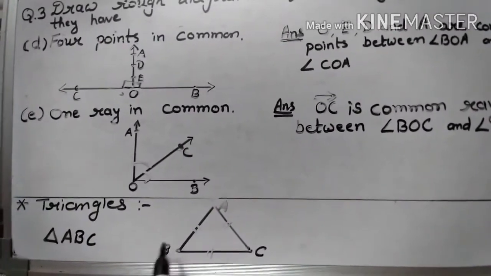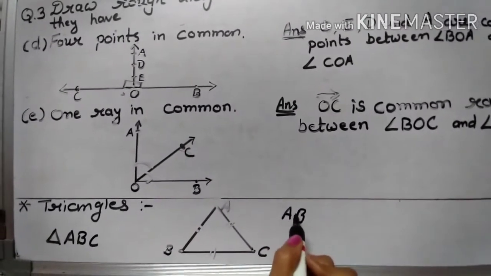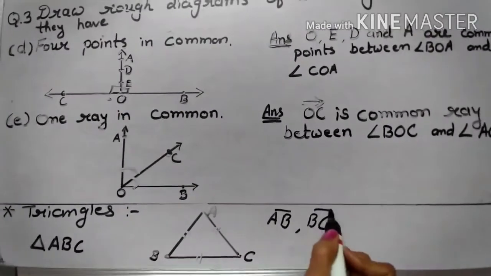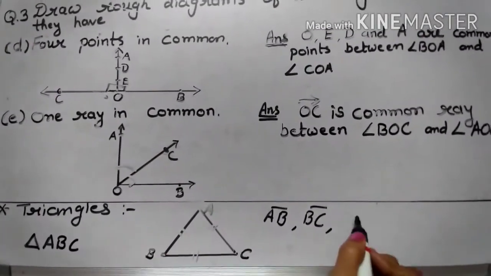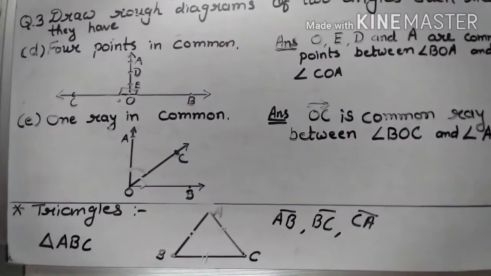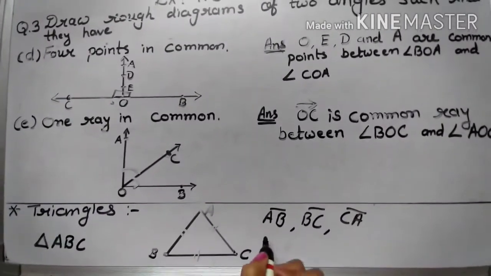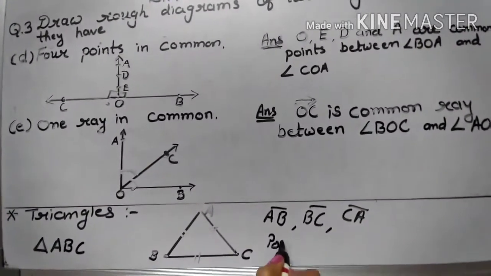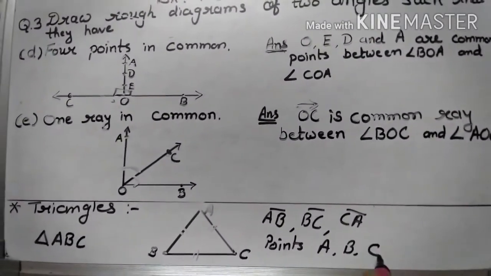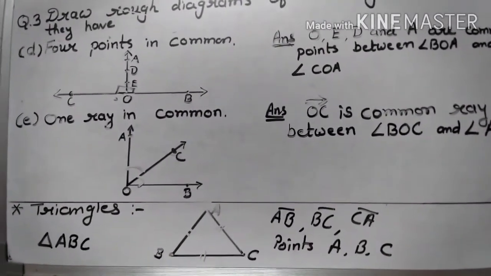This triangle is made up of line segment AB, line segment BC and line segment AC or CA. These are the 3 line segments of which the triangle is made up, and it is also made up of points. The points are A, B and C, which we can call vertex or vertices.